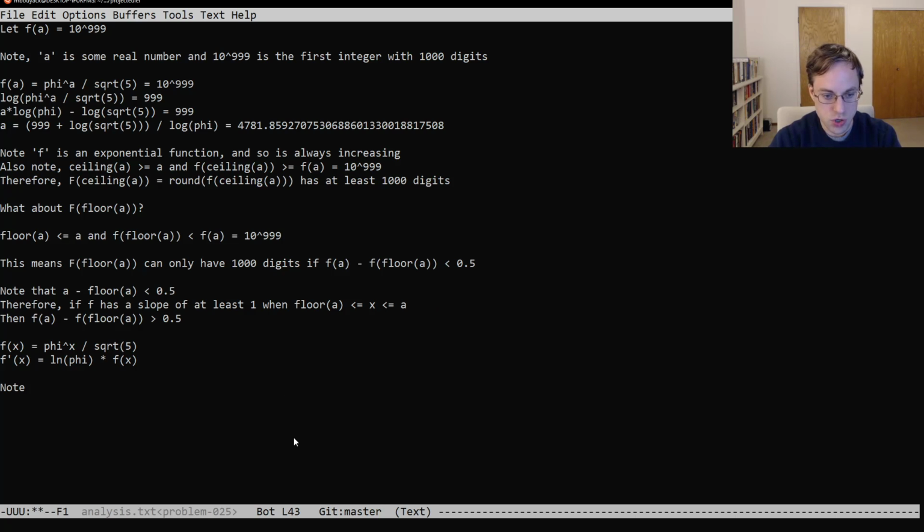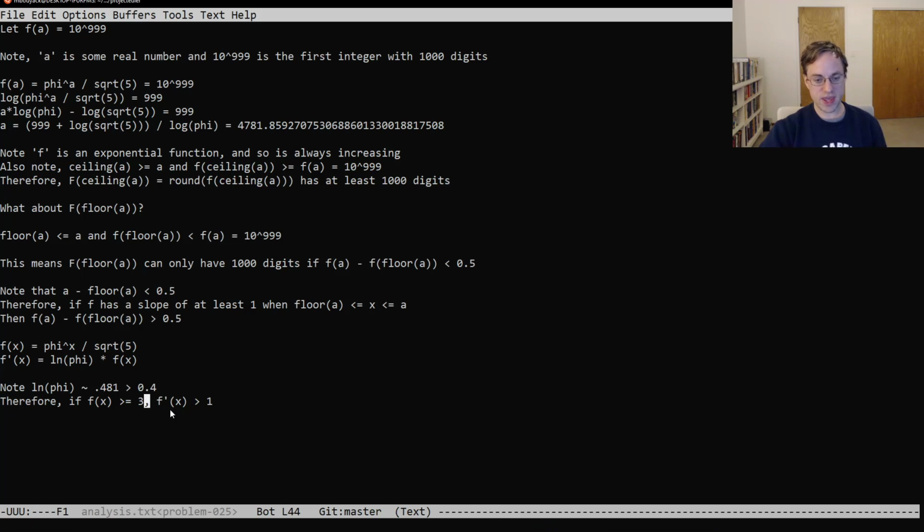So we'll just say note natural log of phi is roughly 0.481, and in particular, it's greater than 0.4.